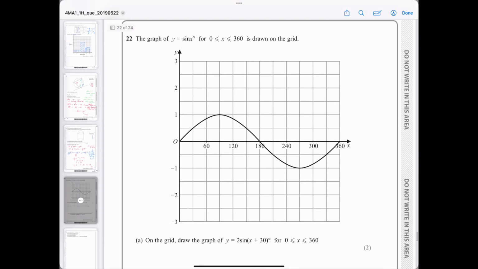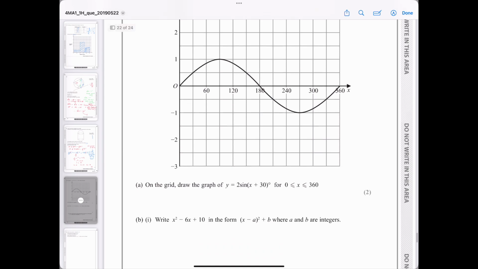And that's nice. Okay, the graph of y equals sine x for 0 to 360 is drawn on the grid. On the grid, draw the graph of y equals 2 sine x plus 30 for 0 to 360.